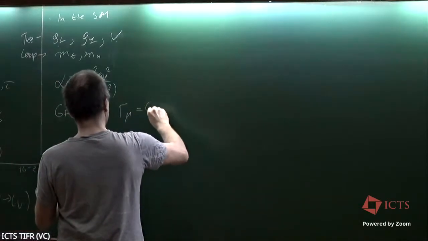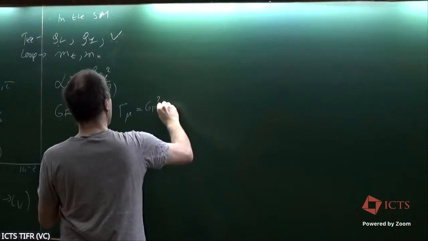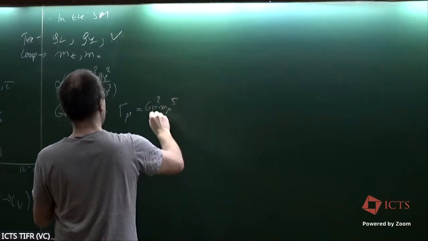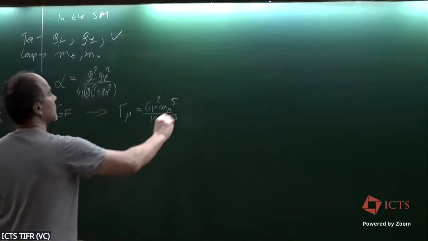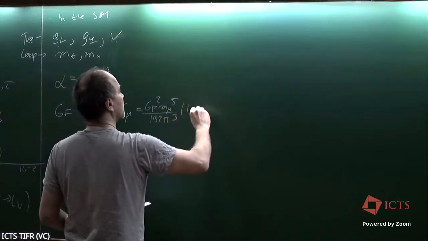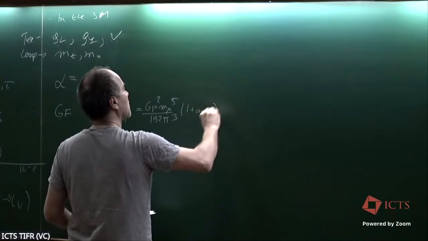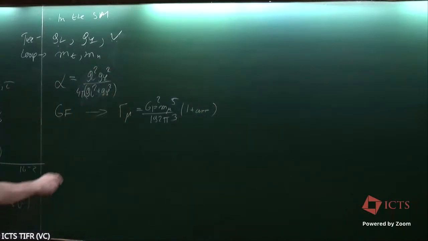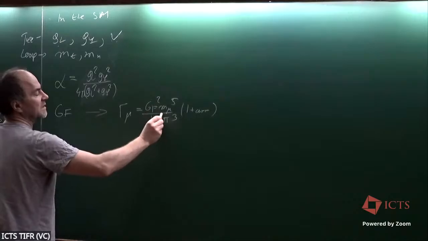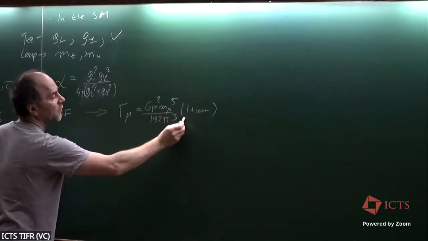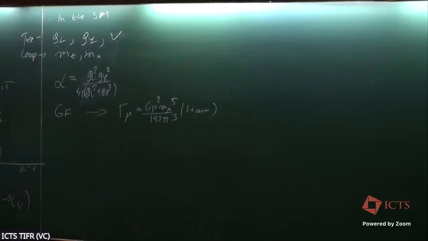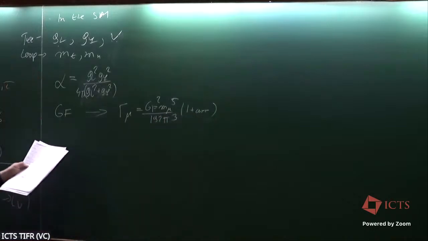You can write the muon decay width as G Fermi squared m mu to the fifth over 192 pi cubed, times 1 plus corrections. G Fermi is defined from G mu already unfolding the various QED corrections that are entering here, and MZ.